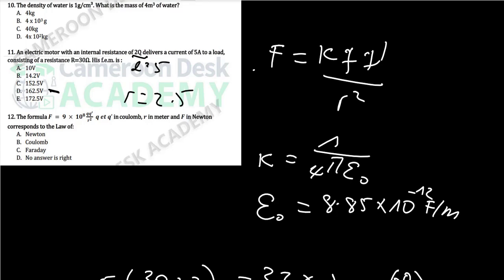If we substitute this value here, we have an approximate value of K to be 9 times 10 raised to the power 9 in SI units. So this value of 9 times 10 to the power 8 is not the value of K. So definitely the correct option here is no answer is correct. So the correct option is option D.